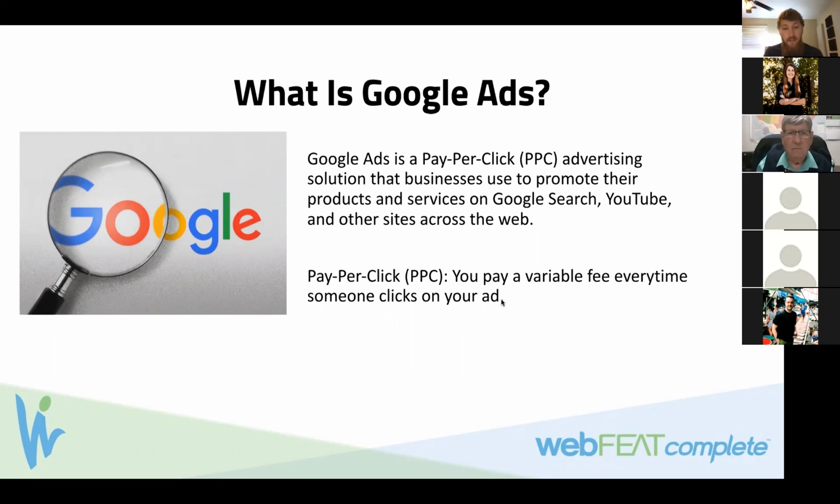So as I was saying, I promise you didn't miss too much from not seeing my screen there. But basically, Google Ads is a pay-per-click service, or PPC. So what that means is you only pay Google when someone actually clicks on your ad. And the cost per click is a variable fee, which is important to note.